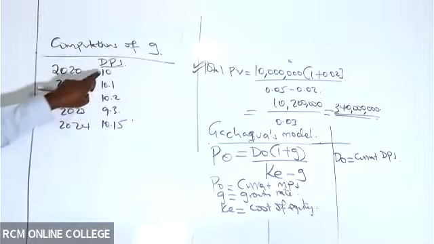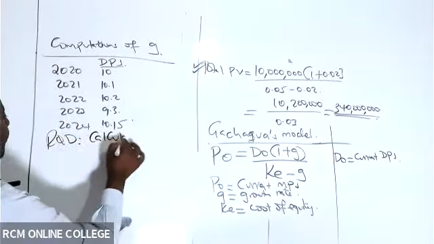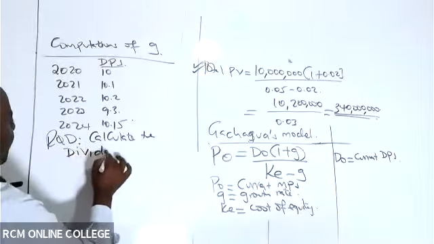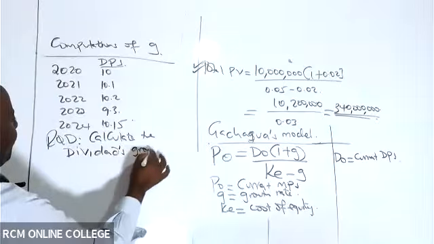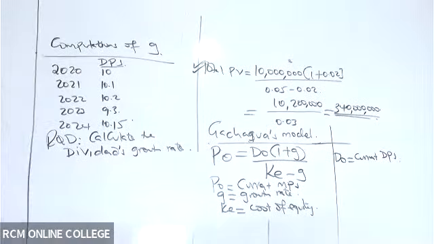So then in this case, we are required to calculate G, the dividends growth rate.